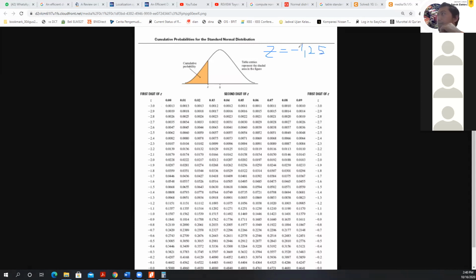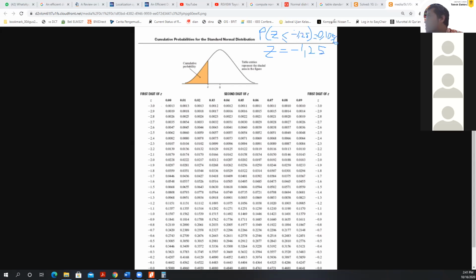And based on the PPT, the probability of Z less than minus 1.25 is equal to 0.1056, right?